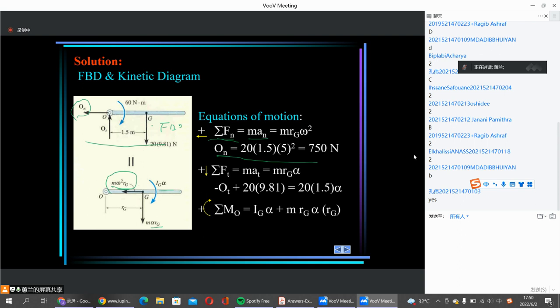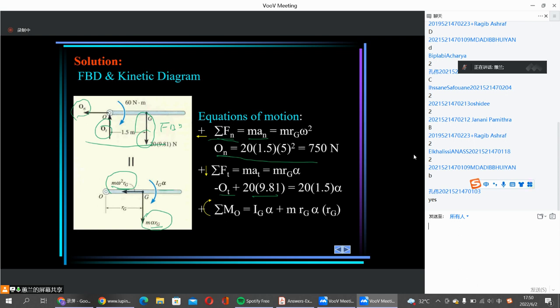Similarly, in the tangential direction, we have Ot and W in the FBD, and in the KD we have m a_t, the mass times the tangential acceleration.